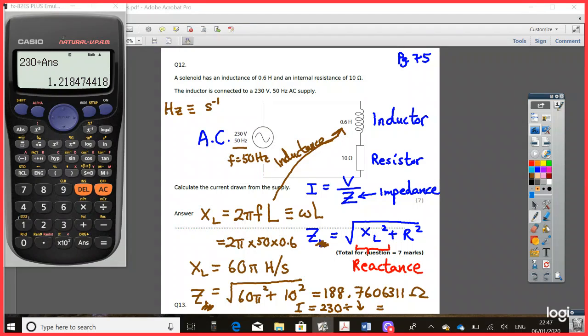We round that to 2 decimal places, so 1.22 amp, and that's your current. That's sorted. 7 marks. What a generous question, if you know how to do it, of course.